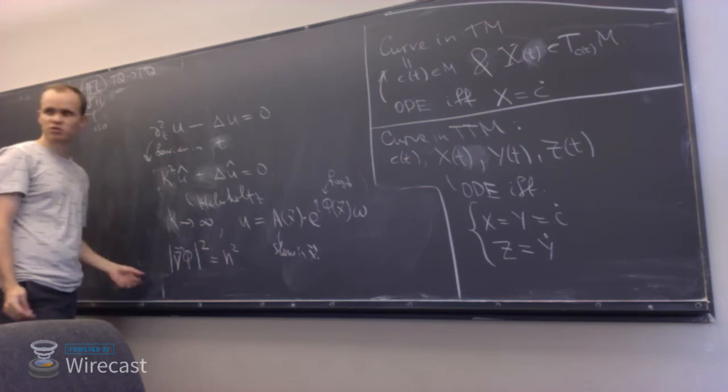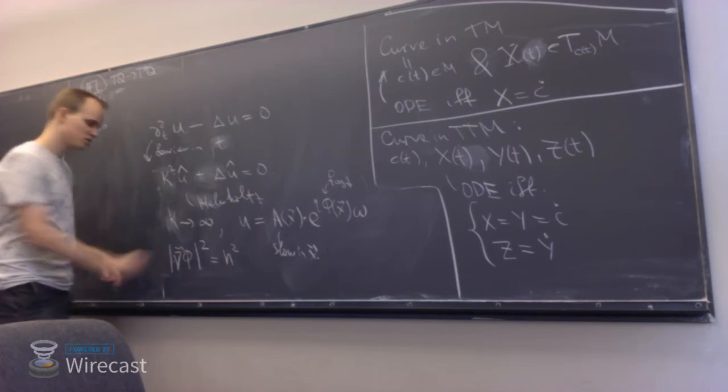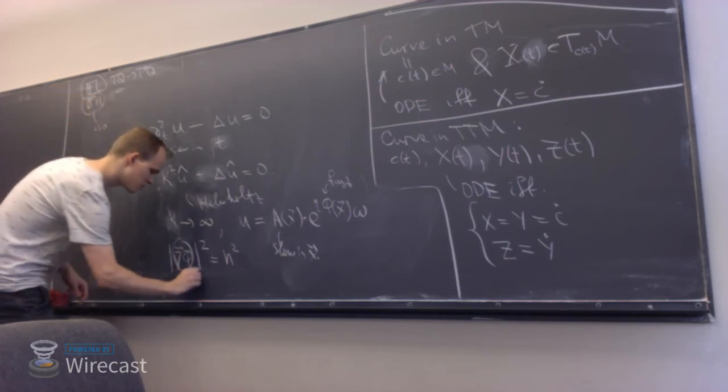And it's also the Hamilton-Jacobi equation for optics, because nabla phi is the momentum.